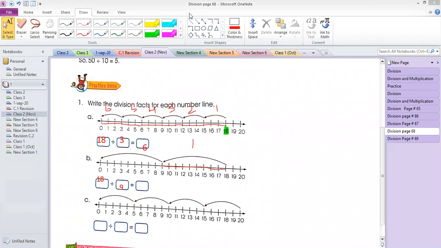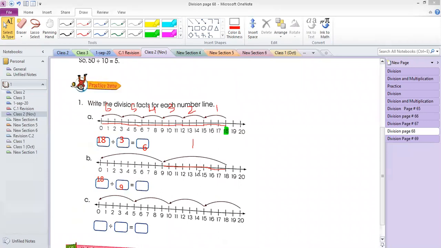I'm going to open the chat. Yes, guys, please tell me the answer. How will you check it? 18 divided by 9 equals what?